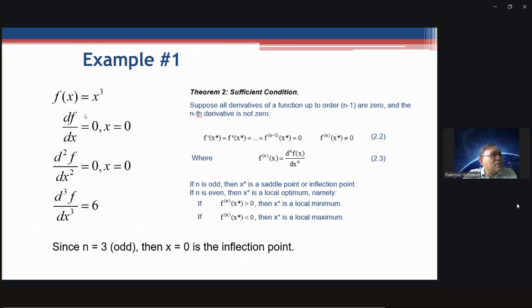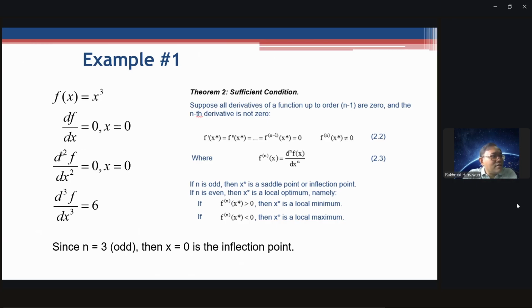This is the first theorem actually. The derivative of x to the power of 3 is 3x squared, right? And if 3x squared is equal to 0, what is x? x is 0. It's the first derivative, so x equals 0 is a stationary point.